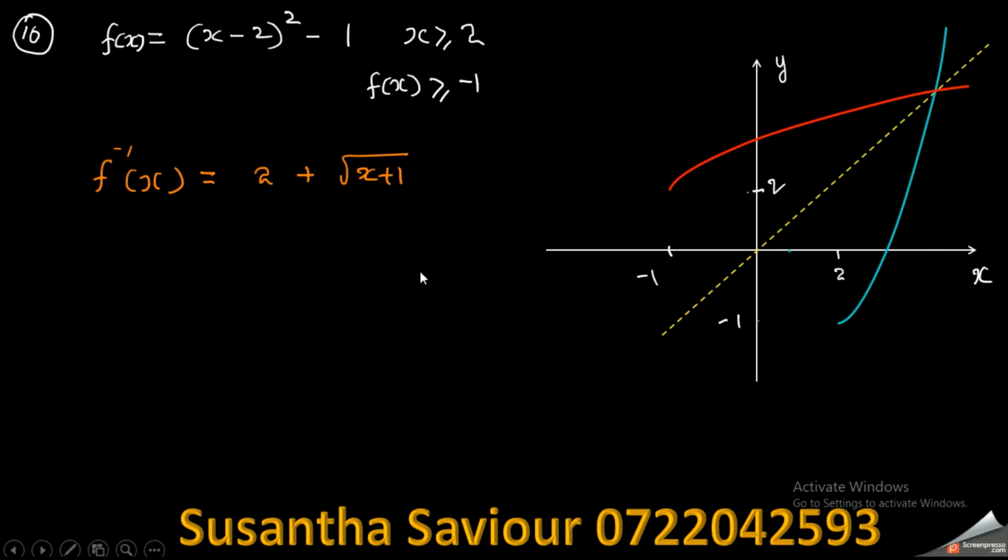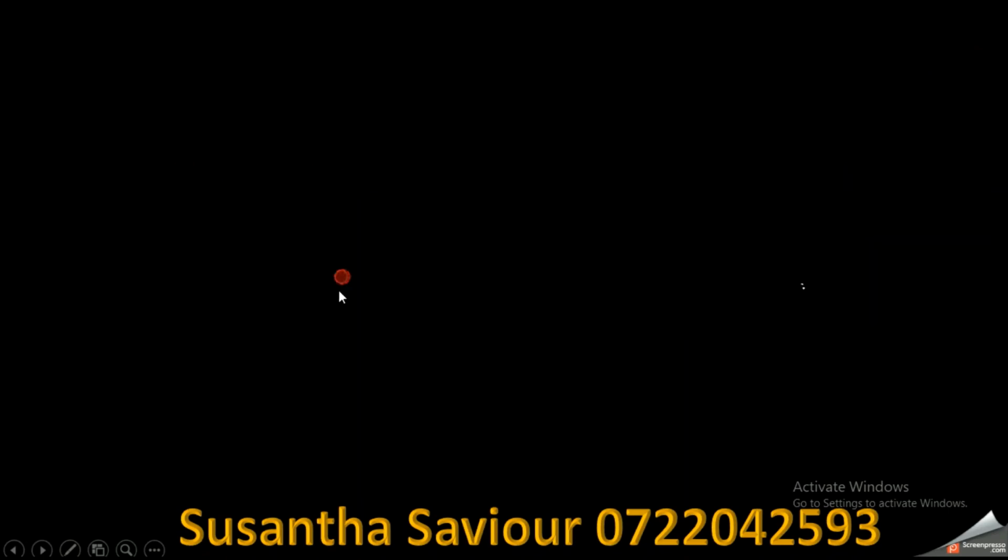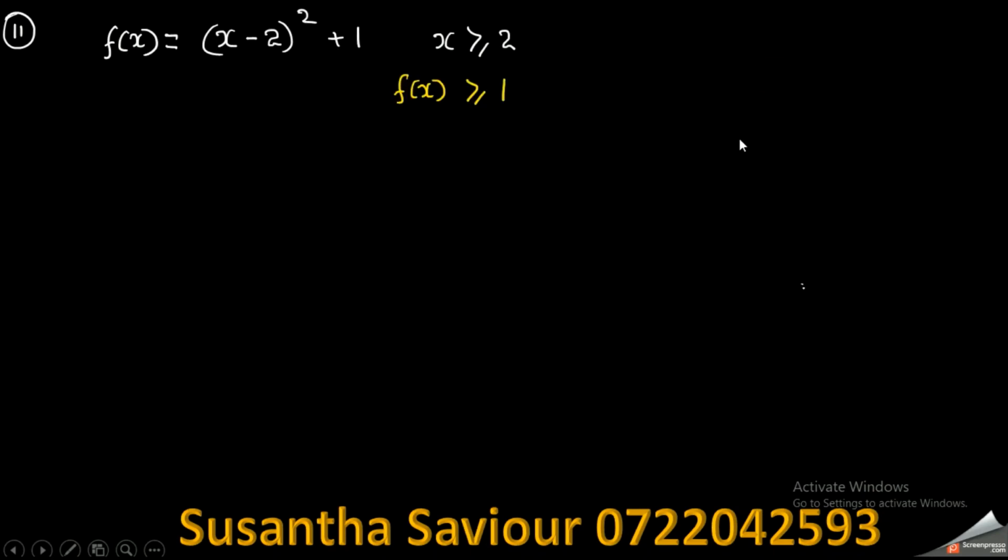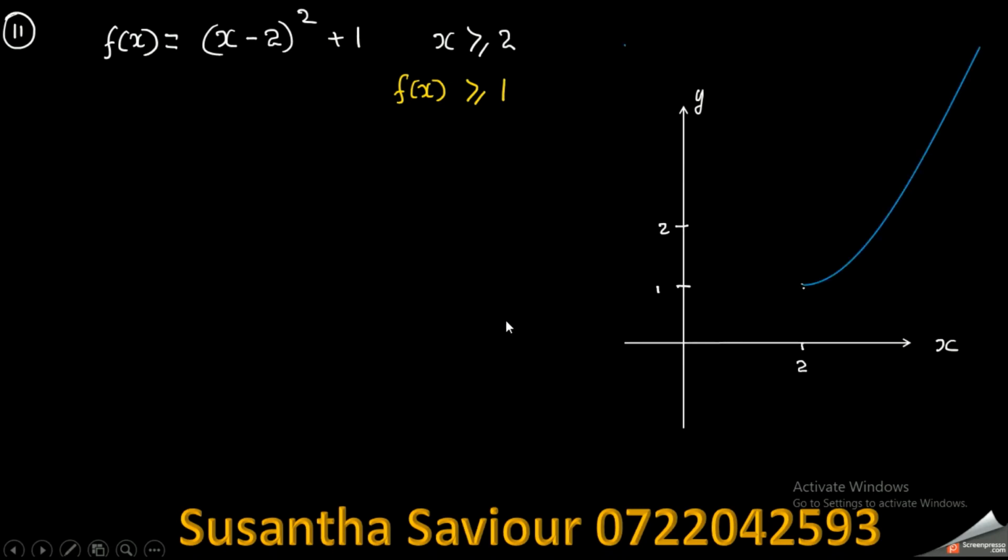We will do a few more examples without developing the inverse function, but directly taking it. Same thing like (x minus 2) squared plus 1. Here the minimum point is 2, 1. We will sketch it. 2 comma 1 is the minimum point, and it will go like this. This side will not be there, something like this.